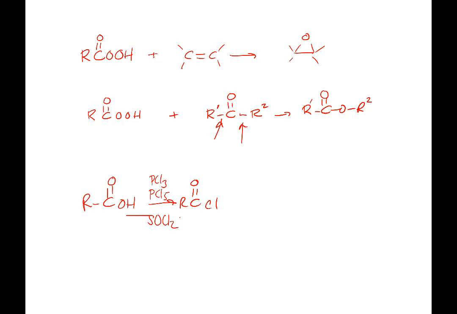Now where it becomes really important, and I probably said this in the video, is let's say I have a 5-membered ring ketone, and I want to make the cyclic ester out of it. Or I just in general want to make the cyclic ester.